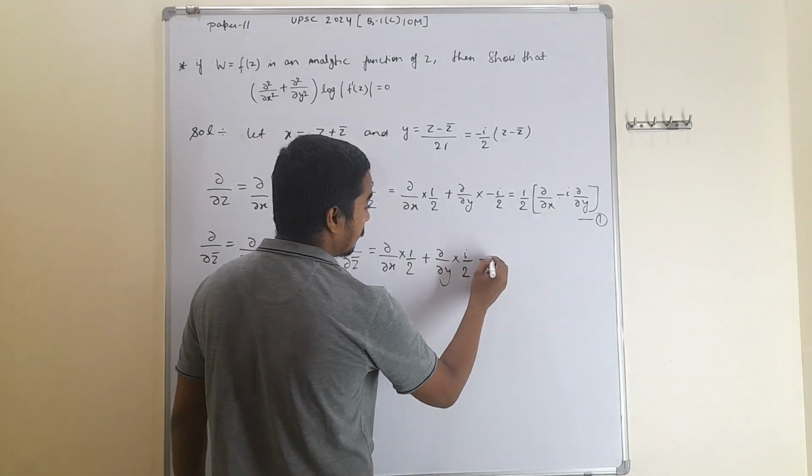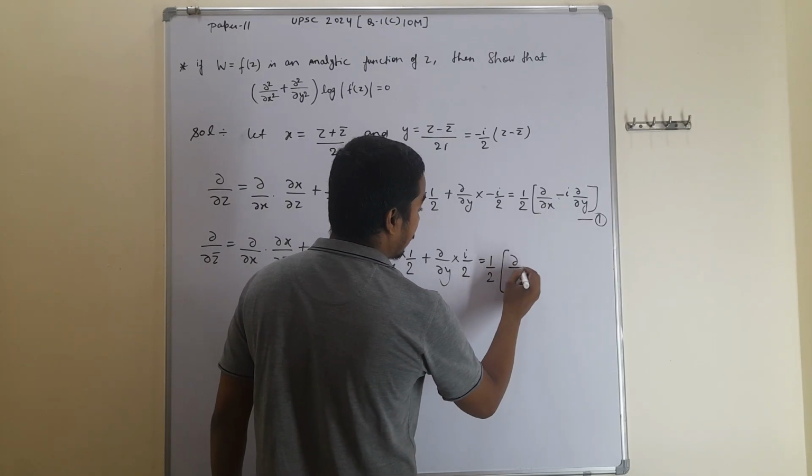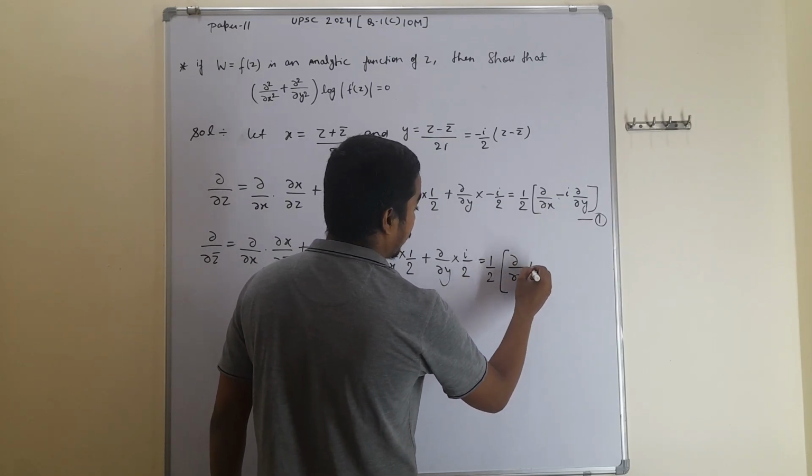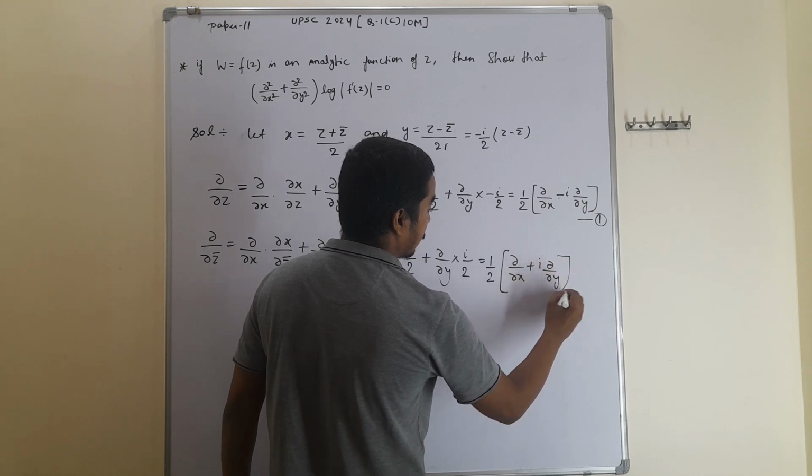On simplification, 1/2 is common, so it is ½(∂/∂x + i ∂/∂y). This is equation 2.